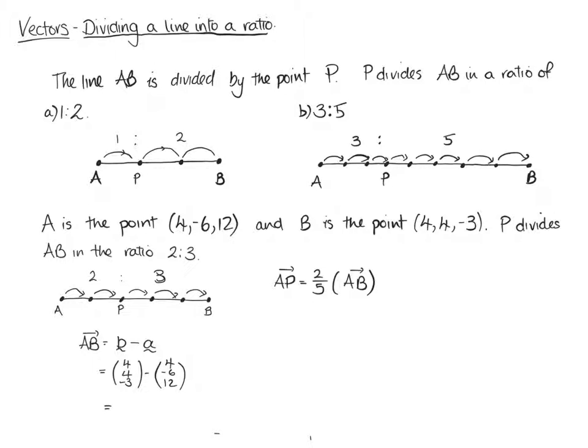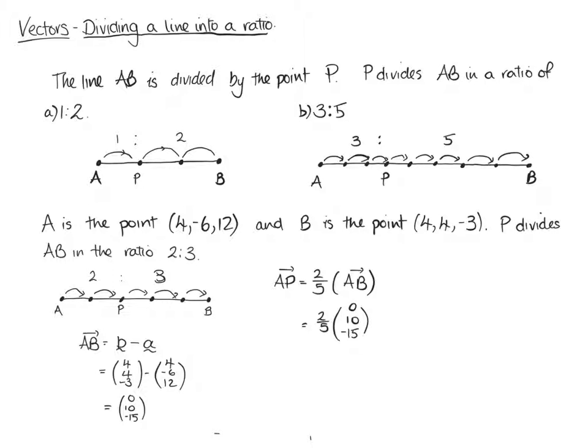So we get 4 take away 4, which is 0. We get 4 take away minus 6, which is 4 add 6, so that's 10. And then we get minus 3 take away 12, which is minus 15. Yeah? So we have to find 2/5 of (0, 10, -15).